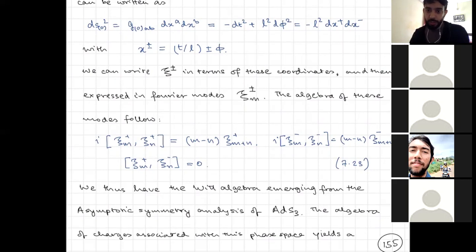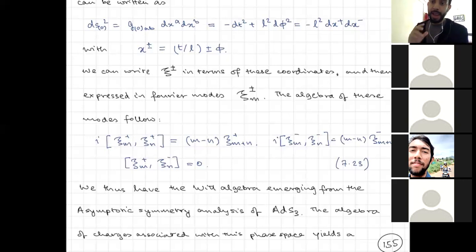So what is going to happen is, you see that this is the Witt algebra, right? Since all of these are symmetry transformations, they're going to have corresponding charges associated with them.